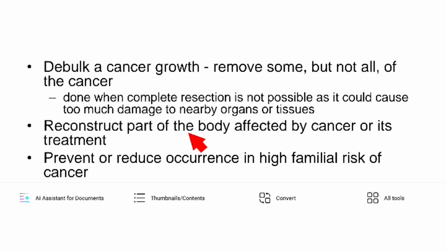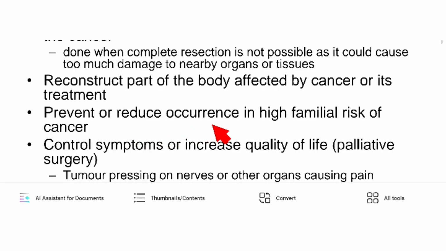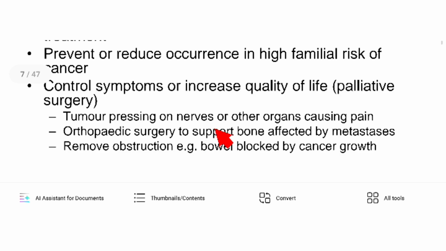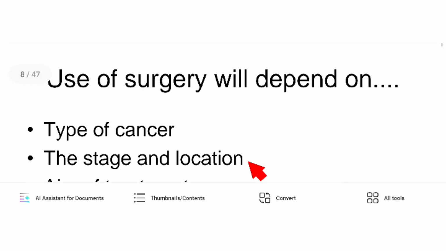Surgery can reconstruct part of the body affected by the cancer or its treatment. It can prevent and reduce occurrence in people with high familial risk of cancer. It can control symptoms or increase quality of life, for example a tumor pressing on nerves or other organs causing pain, orthopedic surgery to support bone affected by metastasis, or removing obstructions in the bowel blocked by the cancer growth.